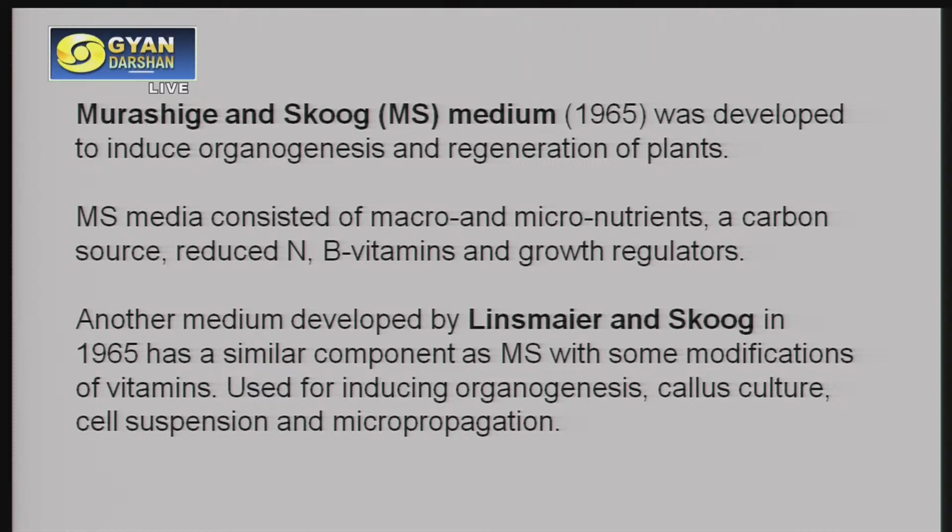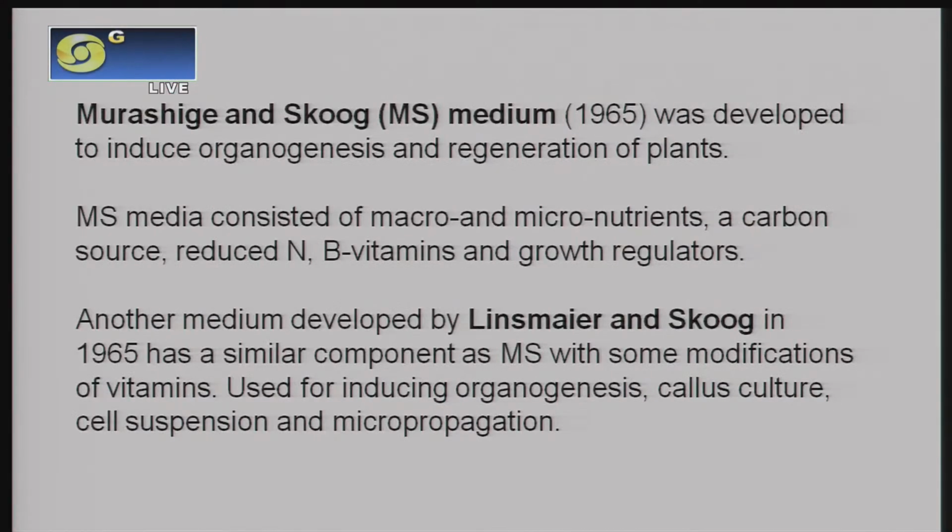Organogenesis, I am coming to it. Organogenesis means developing of the root and shoot, because when you germinate a seed, what will happen? The radicle and the plumule emerge. The radicle develops into root and the plumule develops into shoot. So similarly, when you put any plant part, it will try to develop root and shoot, because then only it will become a full grown plant.